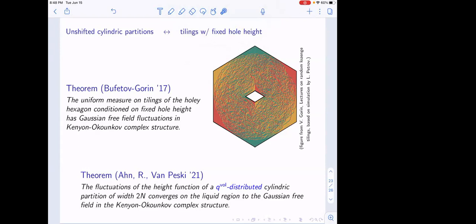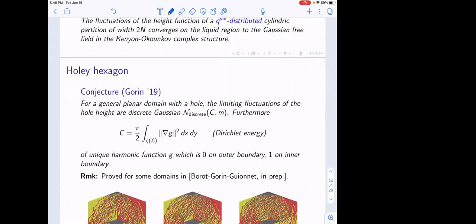And note that this result corresponds to what we have for the unshifted Q to the volume distributed cylindric partitions, where we have indeed the convergence of the fluctuations of the height function also to the Gaussian free field in the Kenyon-Okounkov complex structure.